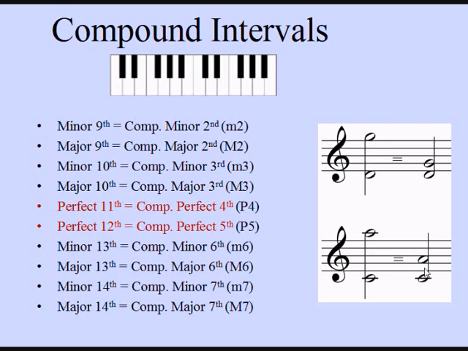A major sixth in this case is a compound major sixth, therefore it is a major 13th. So we have two ways of calling it. But as we said before, we usually just call it a major sixth, even if they are distant from each other.